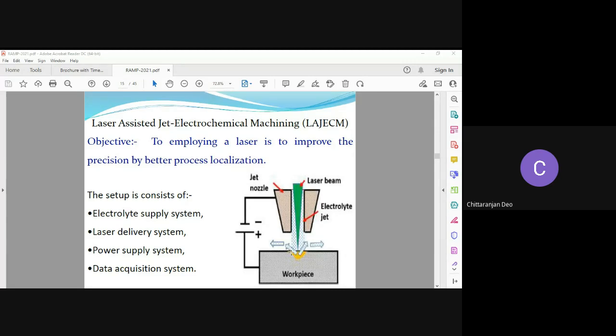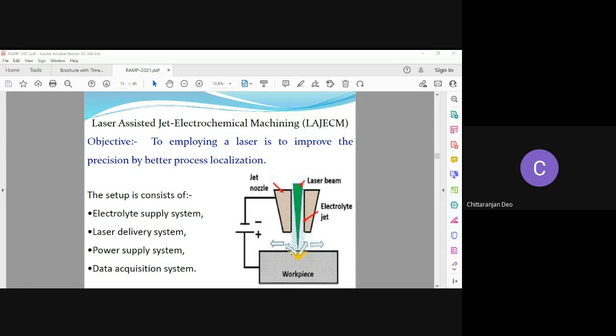The laser heat first transmits to the workpiece and enhances the kinetics of the electrochemical reaction, and hence enables the localization of the dissolution to a specific area.